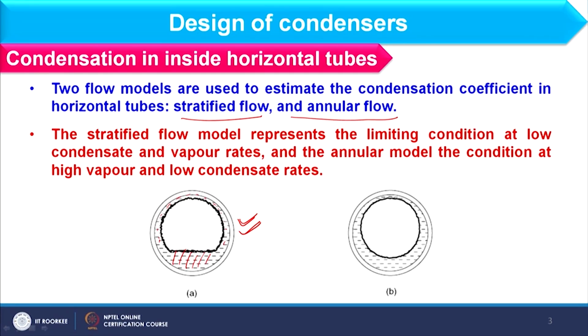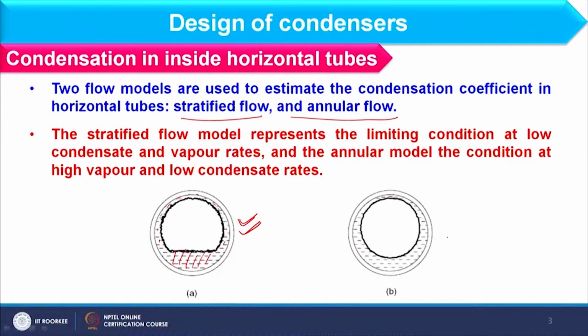Okay. And this will happen when I have a lesser flow rate of vapor as well as a lesser flow rate of condensate. Okay. So, more and more condensate will occur at the bottom because of the gravity effect, and therefore, the heat transfer coefficient will be less at the bottom and more at the top.